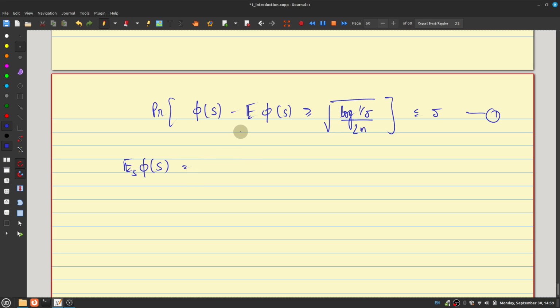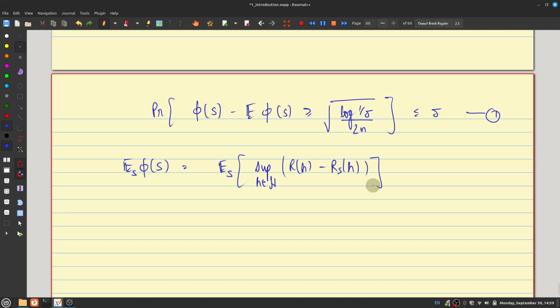Okay, we'll use similar tricks as before. So what is the expected value of P of S? This is expectation with respect to S of the supremum over all possible hypotheses of R of H minus Rs of H.